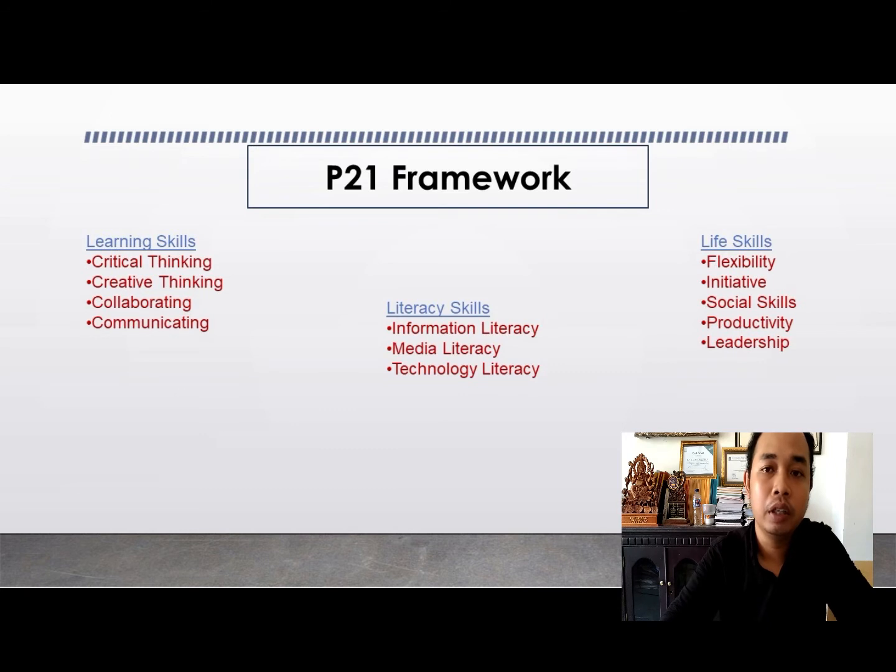And for collaborating, the students need to work in groups to solve the problems given. So the students will test their collaborative skills to help solve the problem and the hypothesis that has been made in the first activity of this lesson.